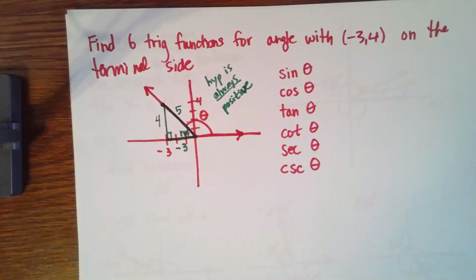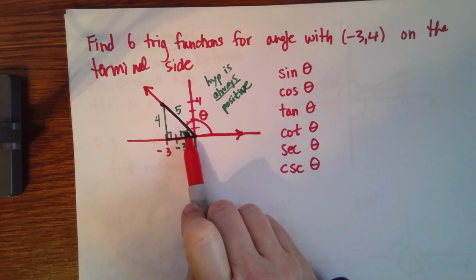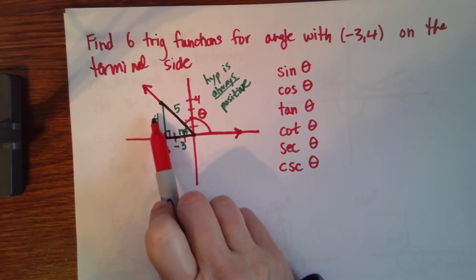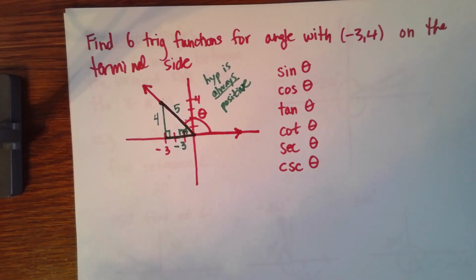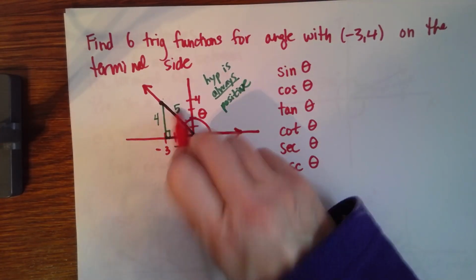Once we've labeled that, we can easily find the sine, cosine, tangent by looking at the reference angle, as long as we put the correct signs in there. Use these values that I've written in green: this will be the opposite, this will be the adjacent, this will be the hypotenuse.